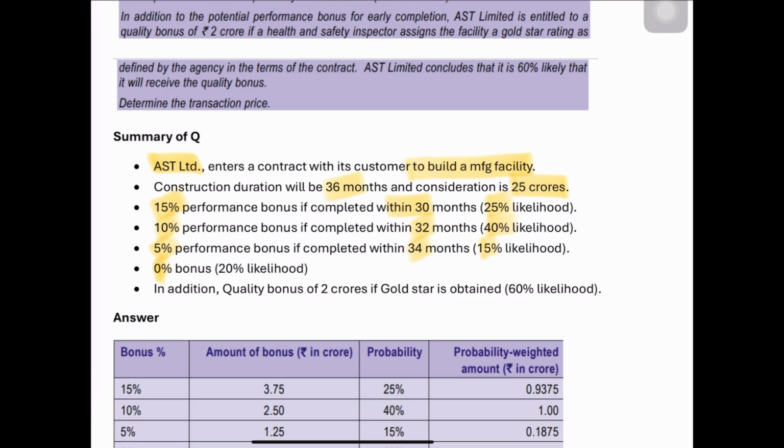Then 0% bonus, for which there is 20% likelihood. In addition, there is a quality bonus of 2 crore if the gold star, a kind of quality certification, is obtained, for which there is 60% likelihood.